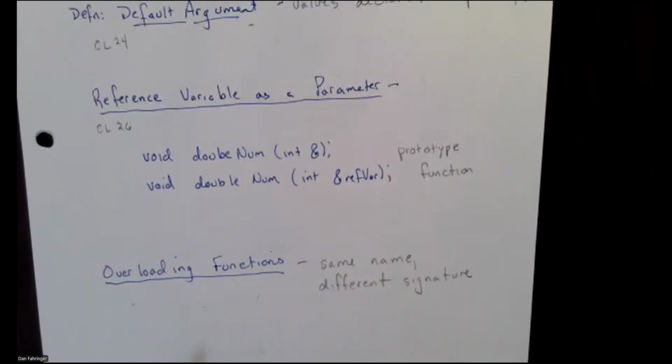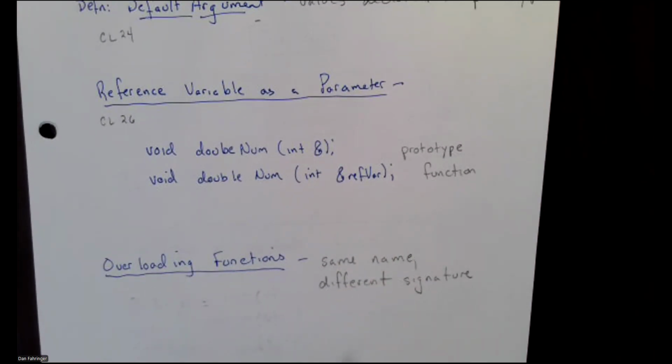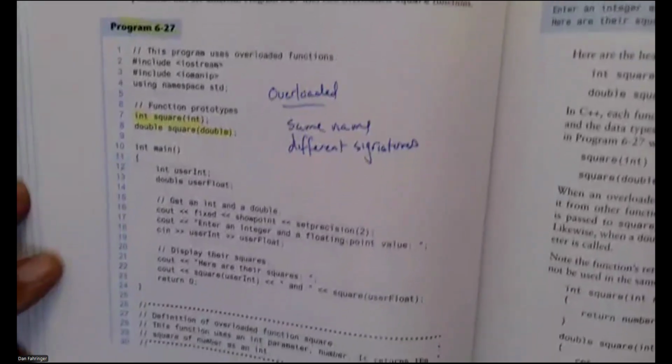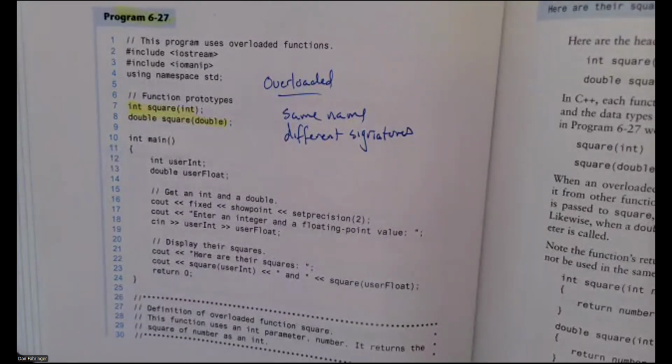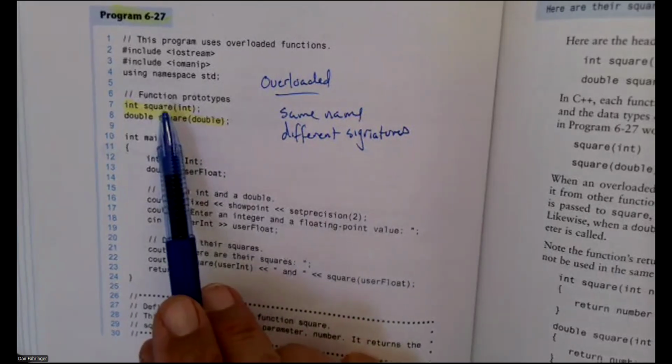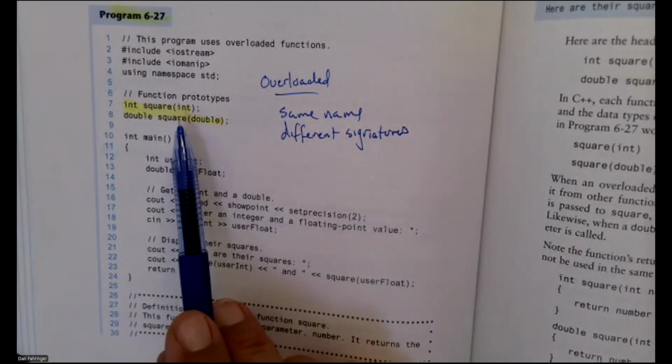Overloading functions. Well, let's see. A function that has the same name but different signatures. Same name but different signatures? Sure. Code listing 627. It's overloaded. I have a function called square, and I have a function called square.